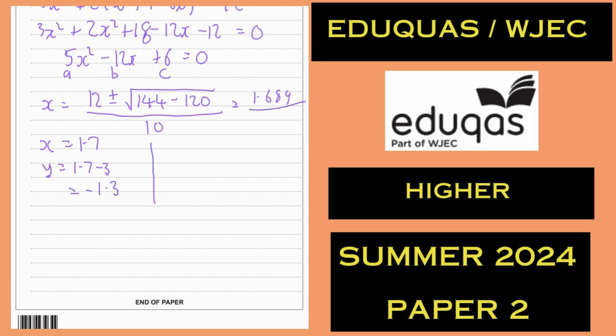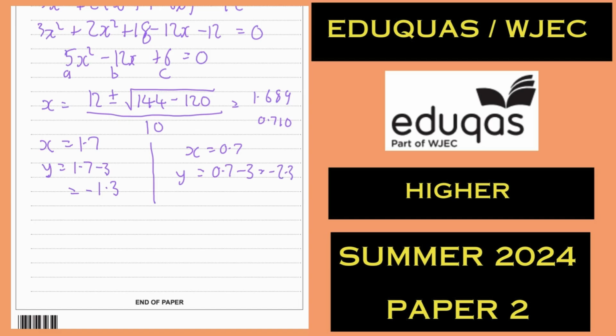One of our other answers, why I'm underlining so it looks like a fraction, is 0.710. In other words, 0.7. And our y coordinate is the x coordinate take away 3, minus 2.3.